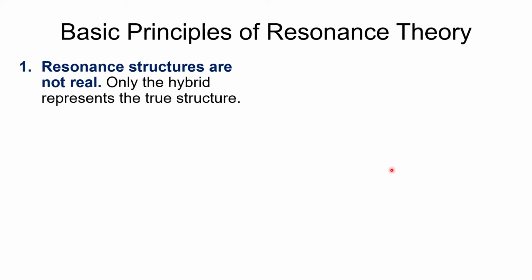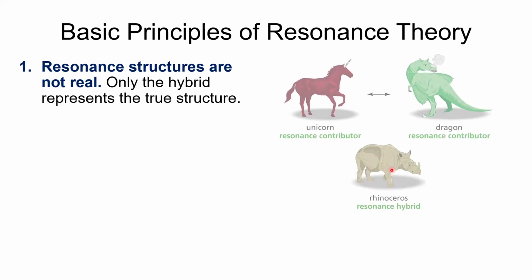The problem with hybrid structures is that they're not valid Lewis structures. So that's one of the limitations of Lewis structures, and our resonance structures are not real. Now, here is an analogy for this, and I thought this was a funny one that I pulled out of a different textbook. You'll see here on the left, unicorns are not real, dragons are not real.